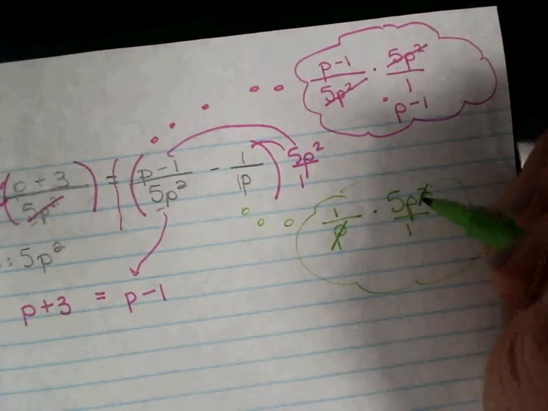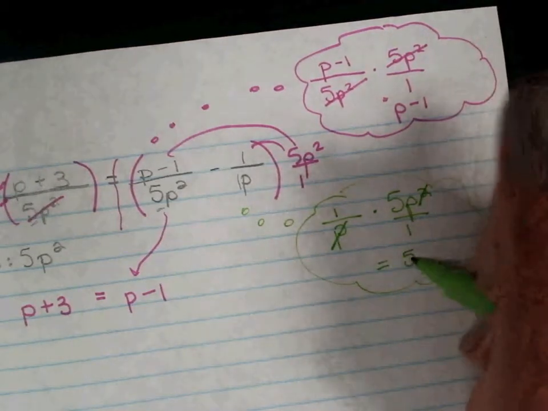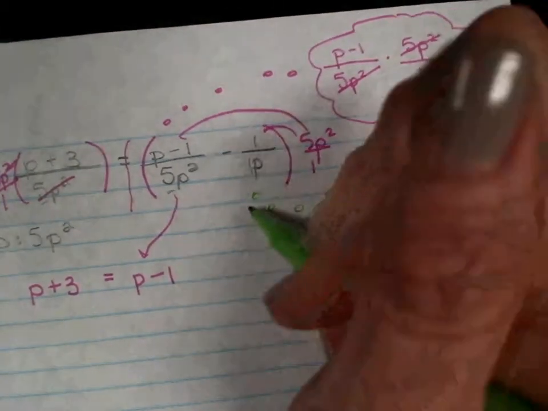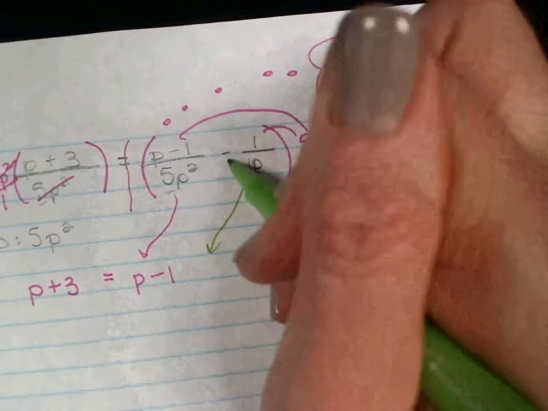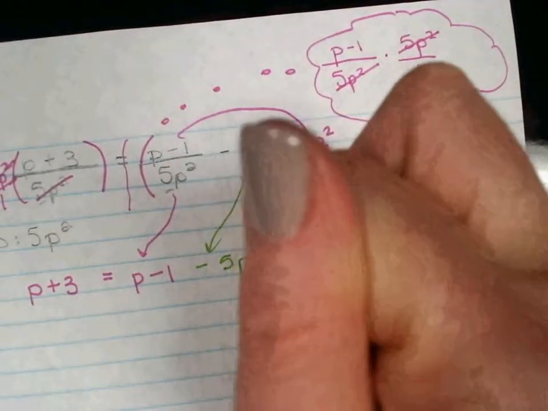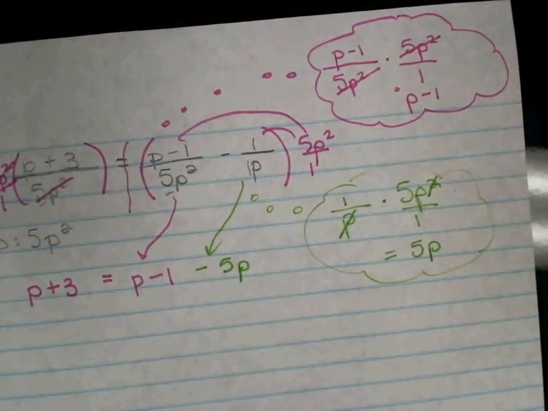I'm left with just a 5p. I have to remember there's a minus sign here, so it's going to be minus 5p. Ta-da! No more denominators. Now's the fun part. I can just simplify and solve.